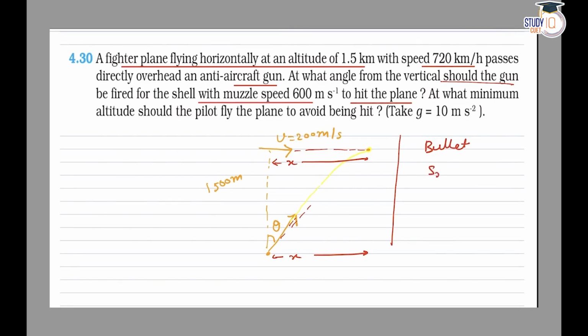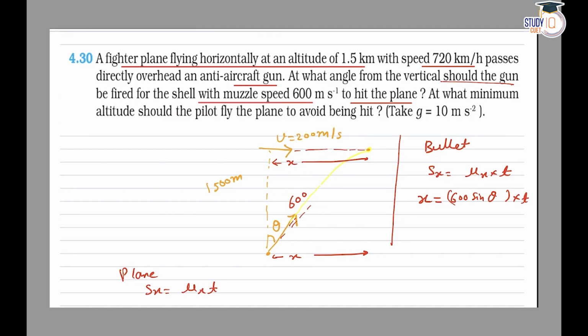So for the bullet, displacement in x direction is equal to ux into t. Displacement of the bullet in the x direction is equal to x, and let's say its speed is 600 meter per second, and the component of this velocity along x is 600 sine theta, so x is equal to 600 sine theta into time t. For the plane we can say sx is equal to ux into t.